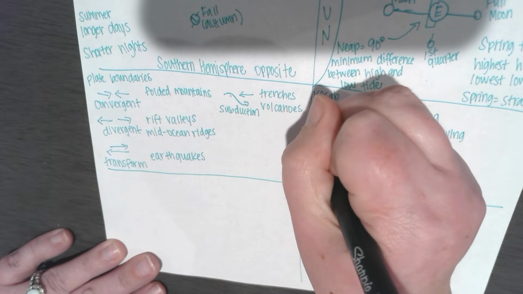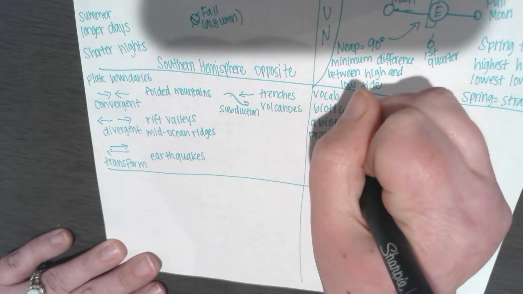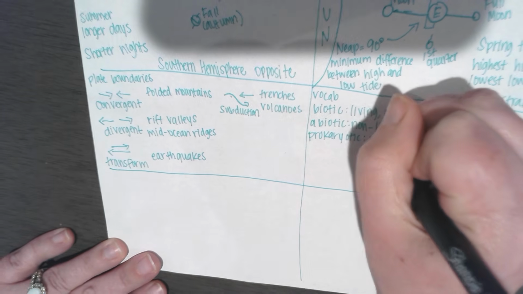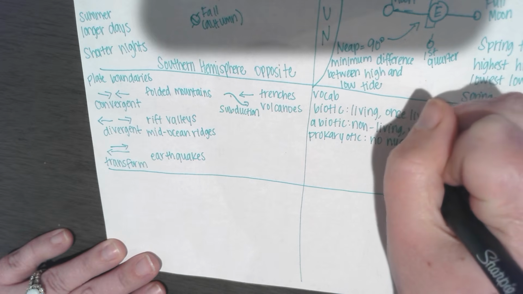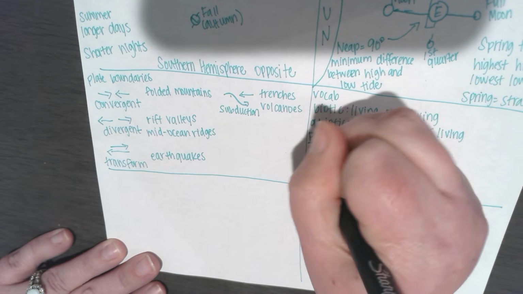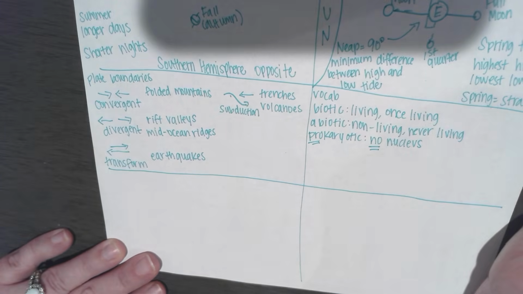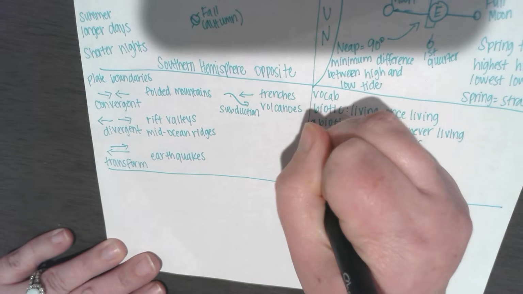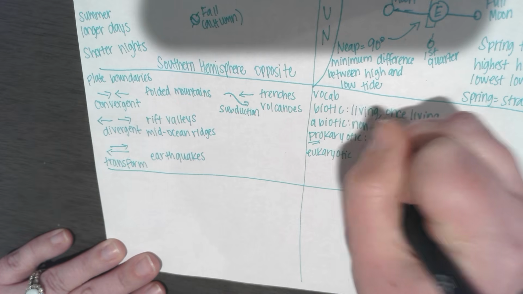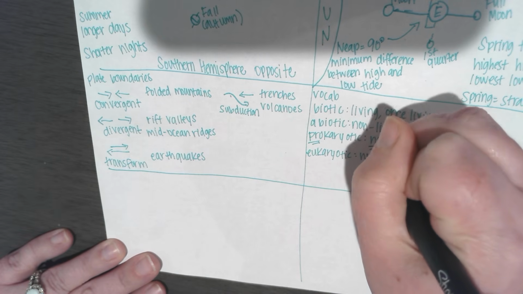Then we have prokaryotic. So a prokaryotic cell has no nucleus. And we can remember that because pro and no. A eukaryotic cell has a nucleus.